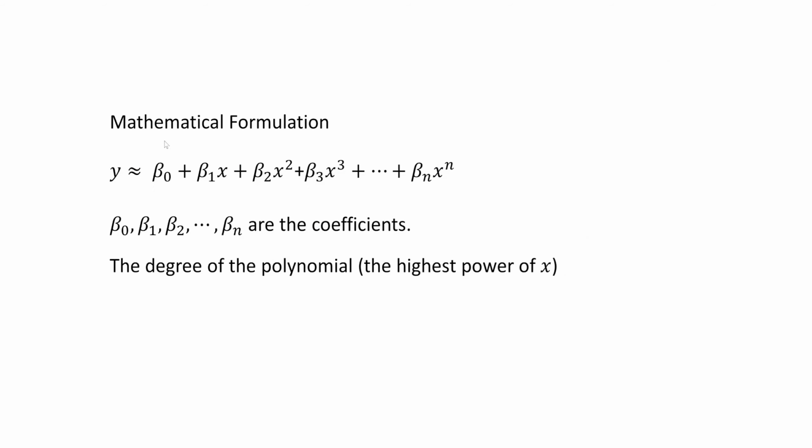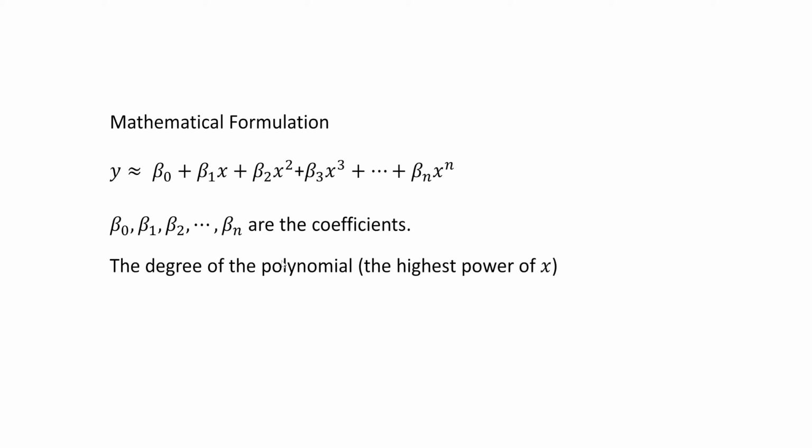And this is the mathematical formula: y equals beta 0 plus beta 1 x plus beta 2 x squared plus beta 3 x cubed plus up to beta n x to the n. These betas are the coefficients. We need to solve for these betas.